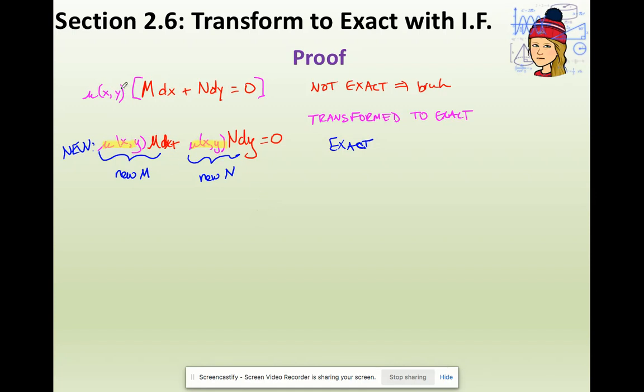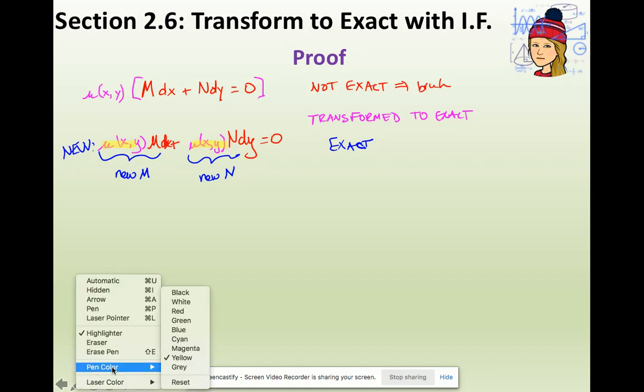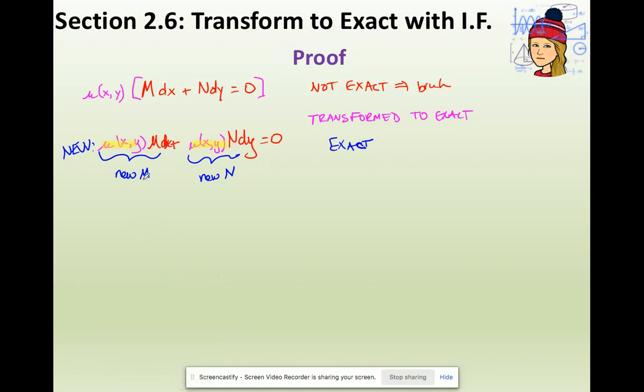I know I can solve it here, but I'm going to try to introduce an actual way to solve for that function. So notice, what do we want? To be exact, I need the partial of my new M with respect to y to be equal to the partial of my new N with respect to x, right?